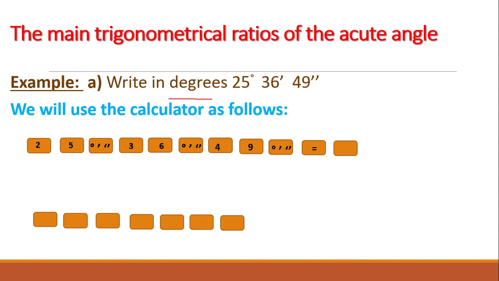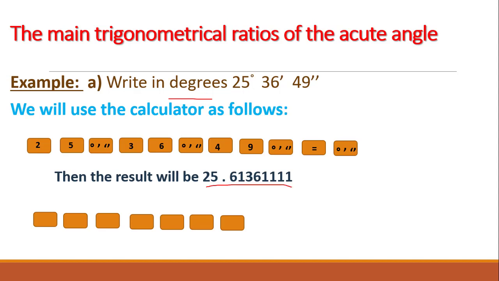Then press equal and finally the degree button. Use your calculator and try to do it yourself. The result will be 25.6136. This is in degrees only, without minutes or seconds.